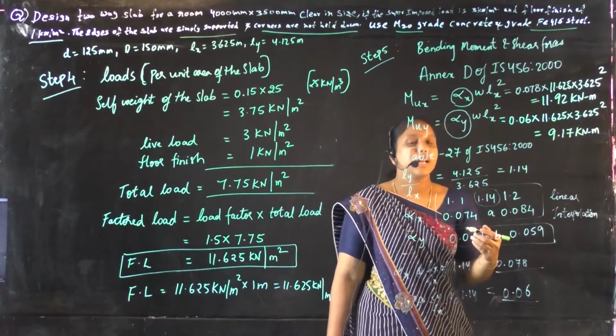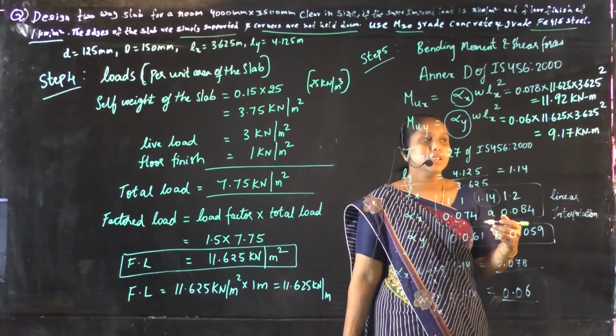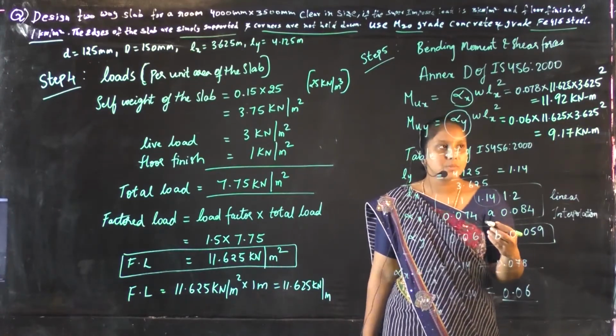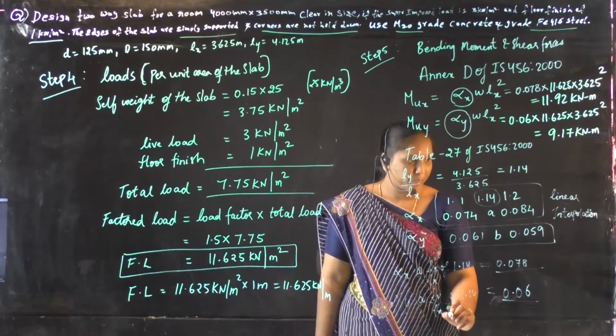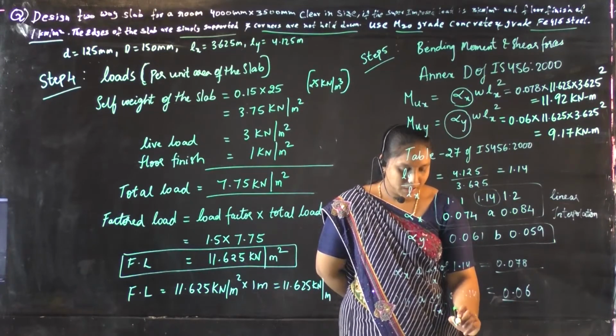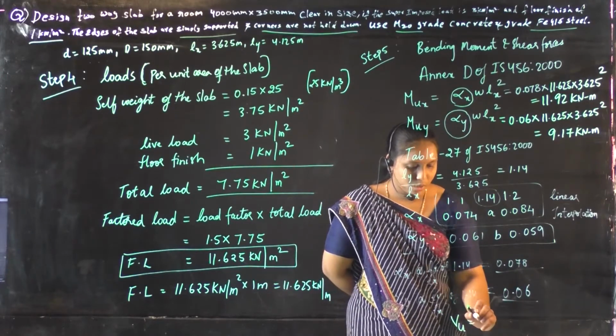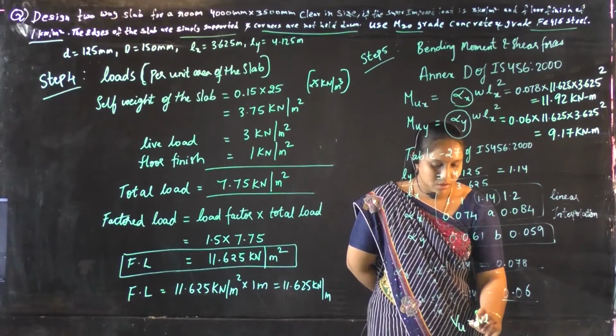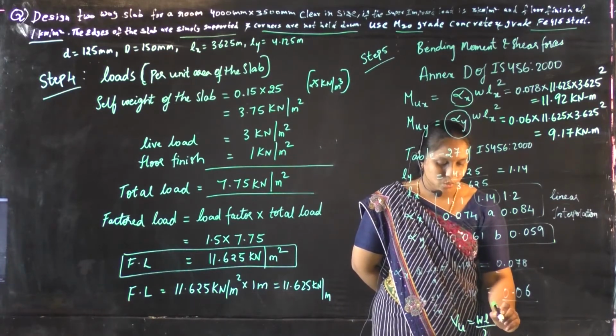Now what we have to calculate? We have to calculate the maximum shear force. So how will we calculate the maximum shear force? The maximum shear force Vu is equal to W L by 2. What is W?